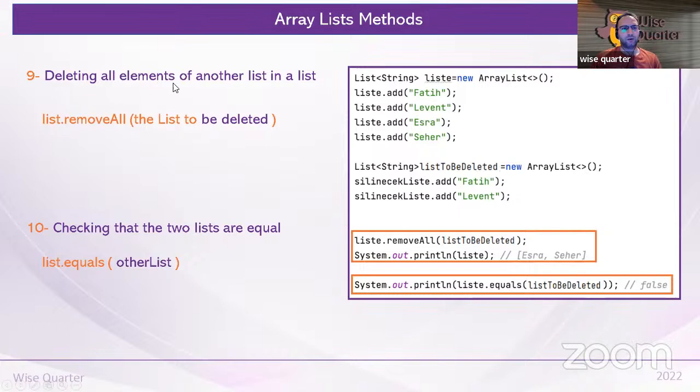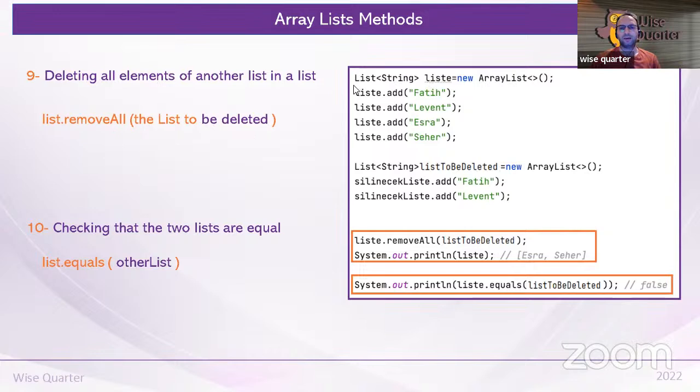Yes, we have deleting all elements of another list in a list. This one is a little interesting. You can delete a list inside of a list when you use list.removeAll. And here you need to enter another list.